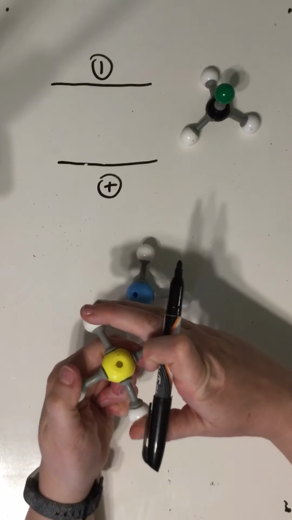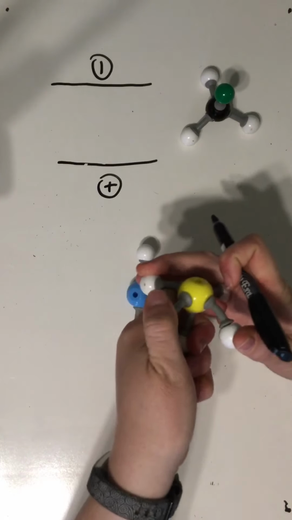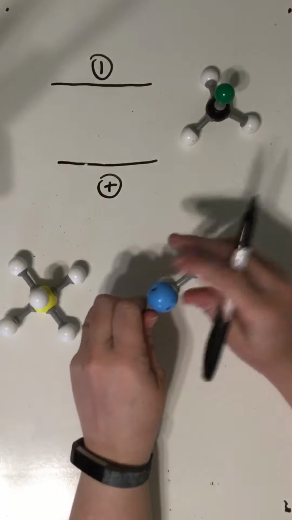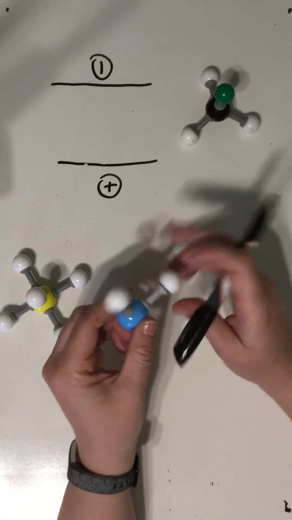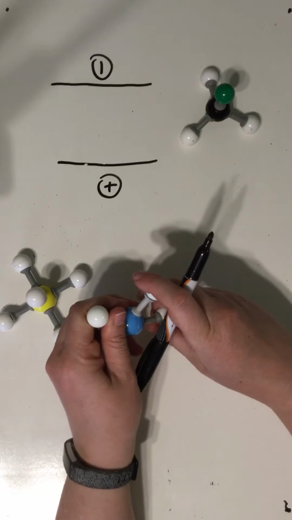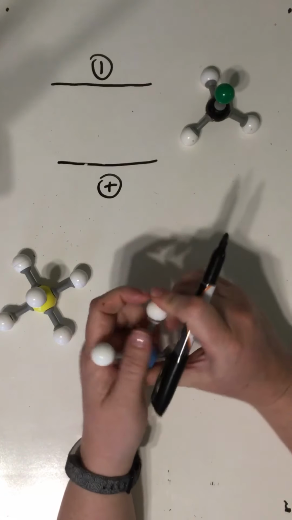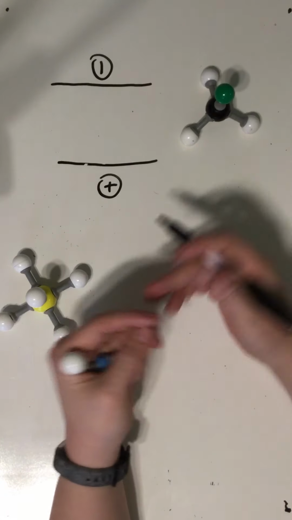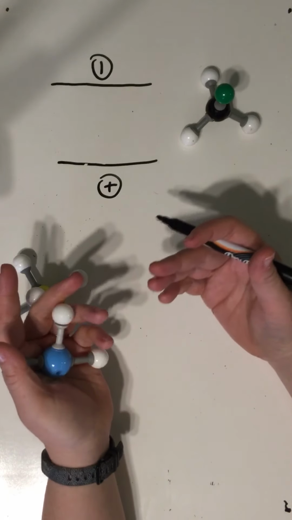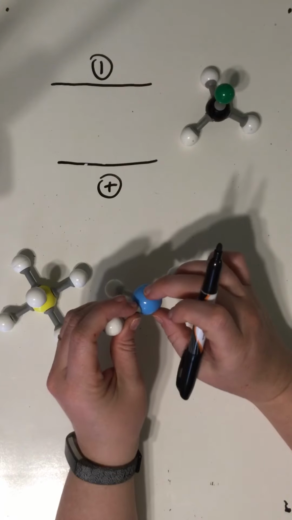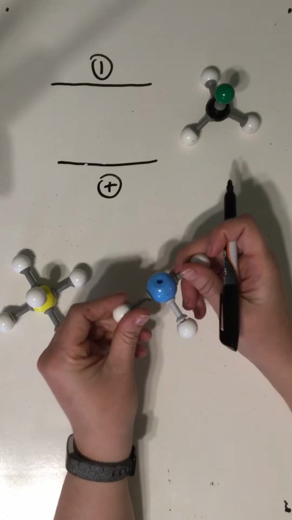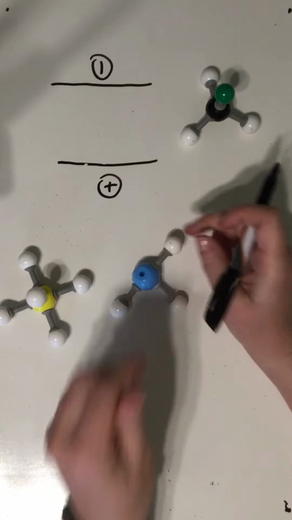So these are going to get bent down a little bit more. It's not going to be a perfect flat shape there. And same here, these guys will be pushing away more than these guys are. So things just get a little bit distorted, and that's where you wind up with all those angles that will say things like less than 120 or less than 109.5. The less than angles are just showing that the electron pairs are repelling more than the bonding pairs. That's all. Hopefully that helps.